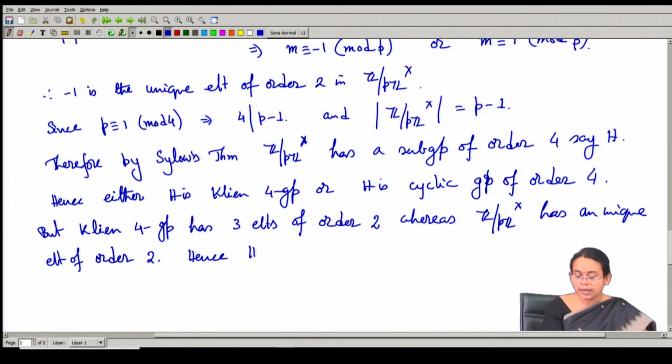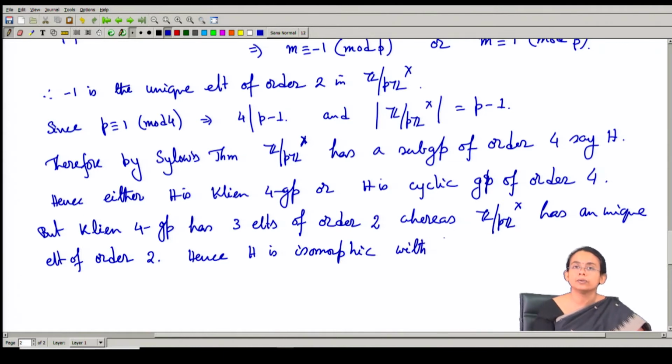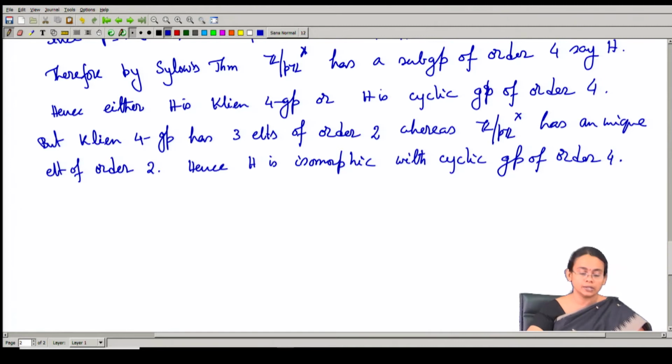Hence H is isomorphic with the cyclic group of order 4. That means there exists an element of order 4 in H.